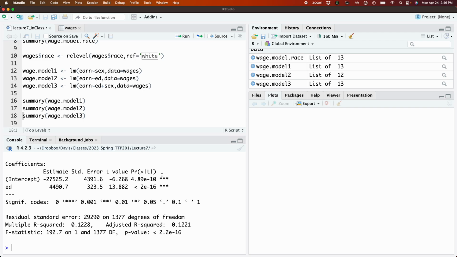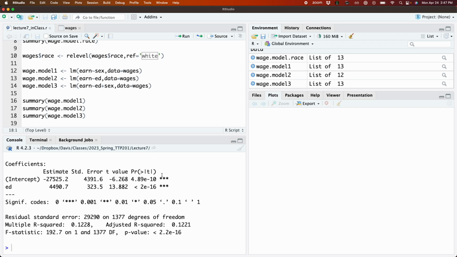Yes. I think it means that with every unit increase in how many years of education you have, your earnings increase by 4,490. Yes. So you're making about $4,490 more on average for every additional year of education that you have.